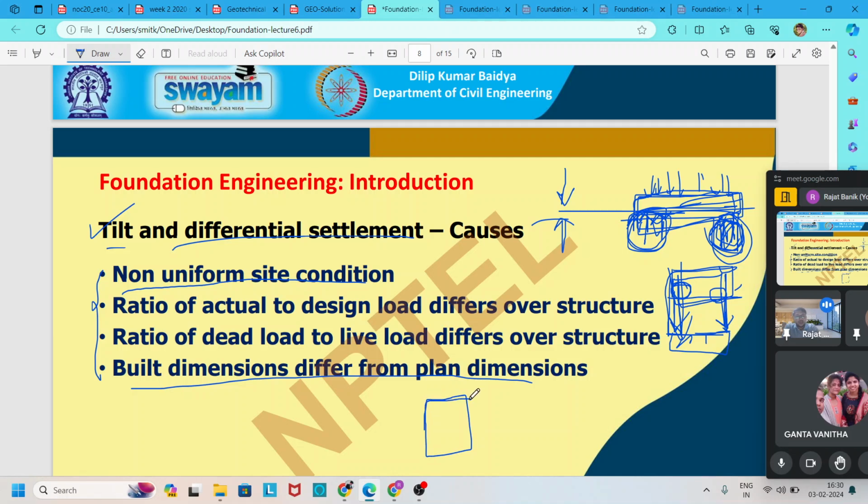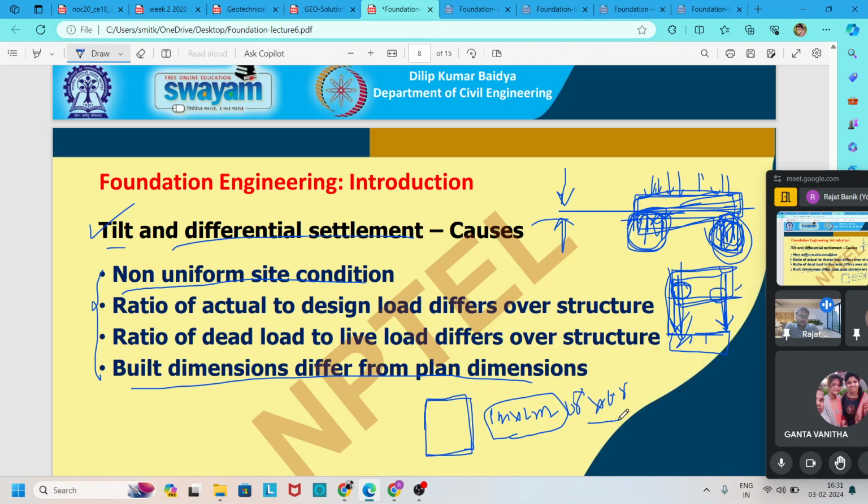for maintaining some design category, like we can say a foundation of 1 meter by 1 meter. But the builder or worker, by mistake, constructed 0.8 meter by 0.8 meter.